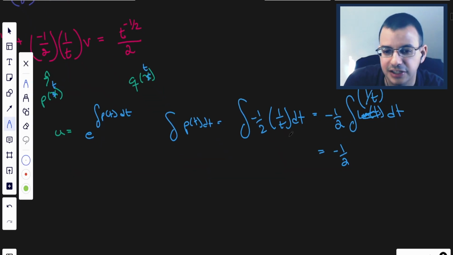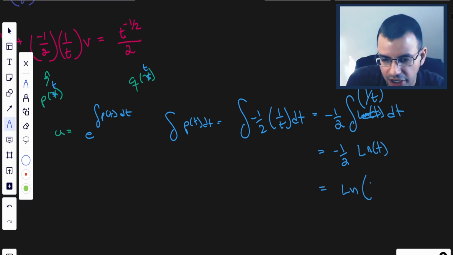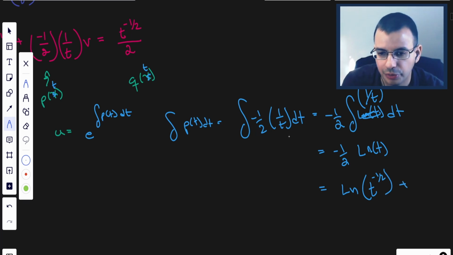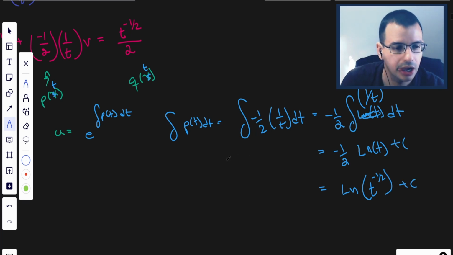Integral of 1 over t gives us natural log of t, which we can then rewrite as natural log of t to the negative 1/2. And that's just a log rule. We'll do a plus c because we should.